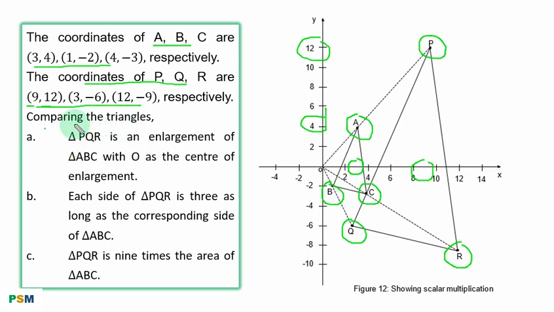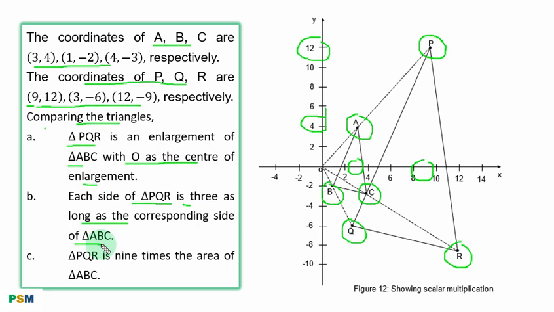Now we have to compare the two triangles. First comparison: triangle PQR is an enlargement of triangle ABC with O as the center of enlargement. Each side of triangle PQR is 3 times as long as the corresponding side of triangle ABC.